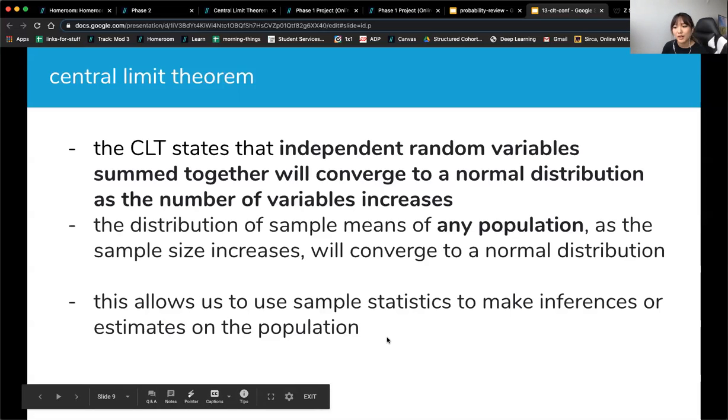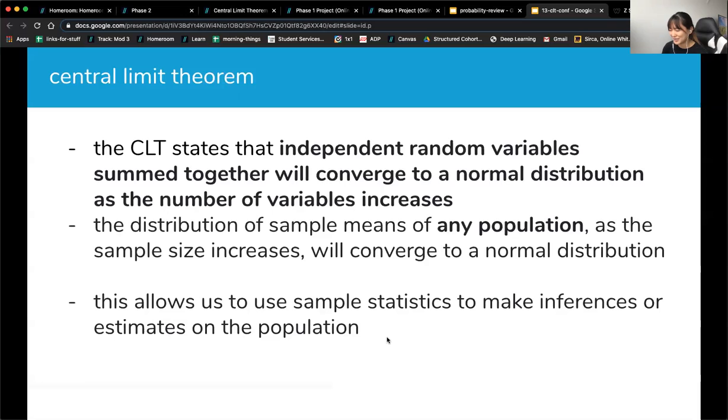We'll talk about parameter estimation in, I think, section 17, but basically, let's say again we don't know anything about our population, but because we know that taking a bunch of samples and taking their sample means converges to a normal distribution, we can make an inference that this population has the same mean as this normal distribution of sample means.